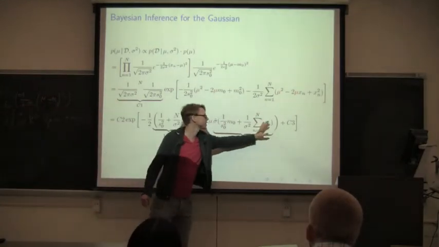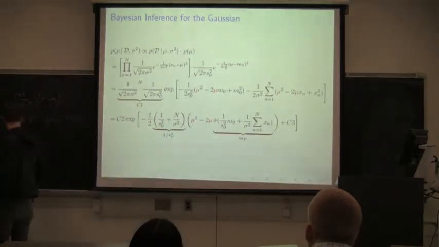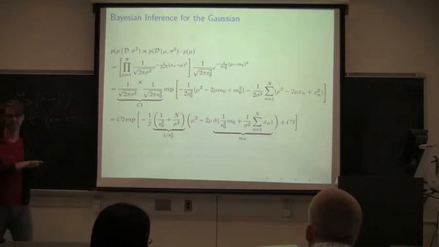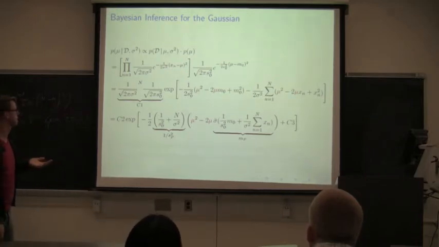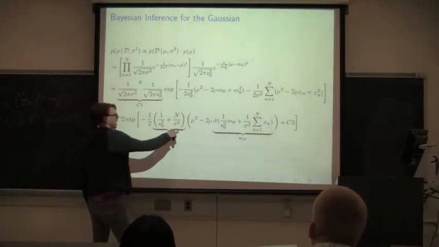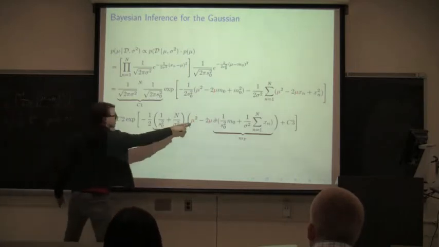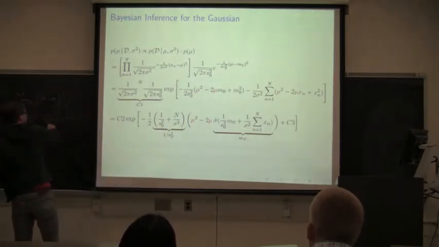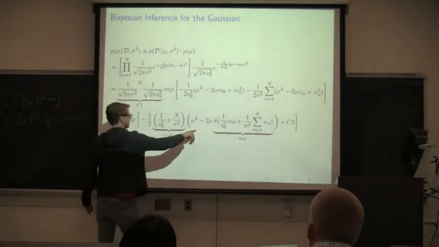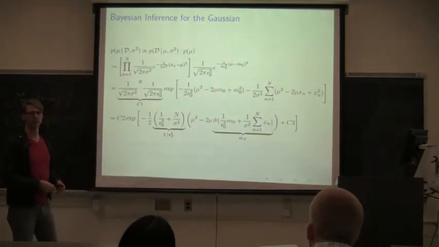So if it's a Gaussian form, then this part here has to be the mean of that Gaussian. And again, we have the -1/2 sigma squared, so we have -1/2 sigma squared times mu squared, and -1/2 sigma squared times the mean squared. This part has to be the variance of that Gaussian.